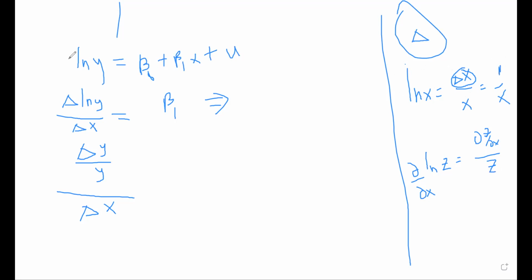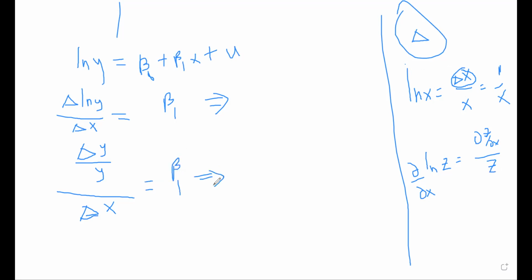So over here, to differentiate ln of y with respect to x, you differentiate y with respect to x, and you divide by y. I'm not writing the respect to x, but basically, the delta here means differentiate with respect to x. So I'm differentiating y divided by itself, and I have my delta x here. And this is equal to beta 1.